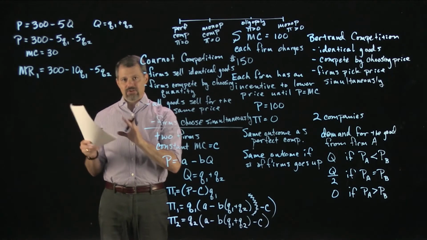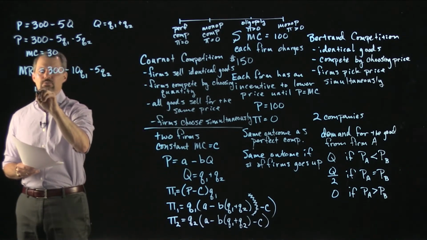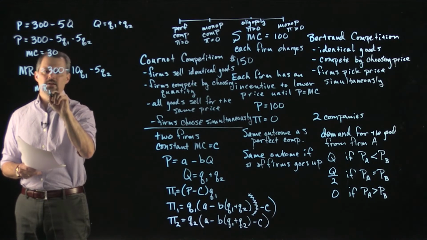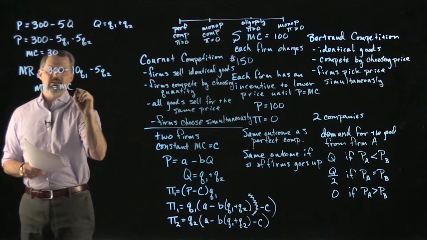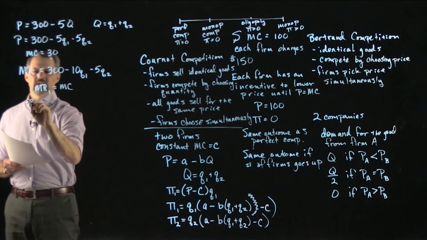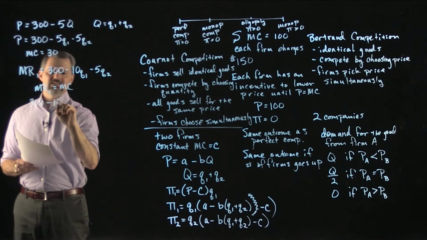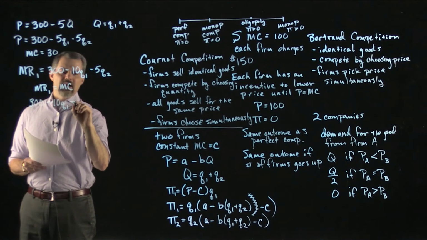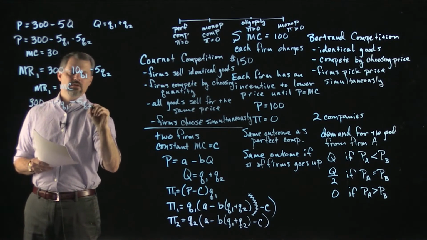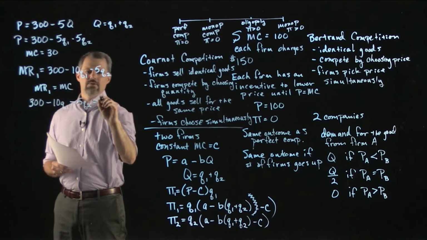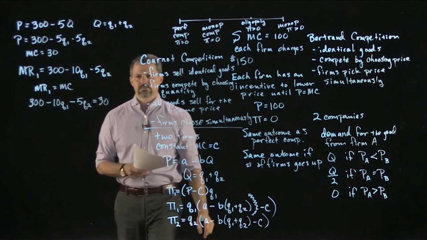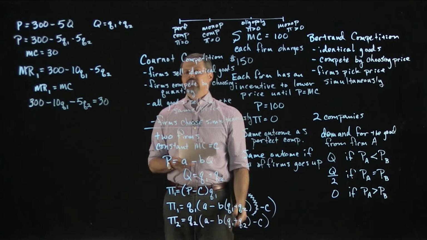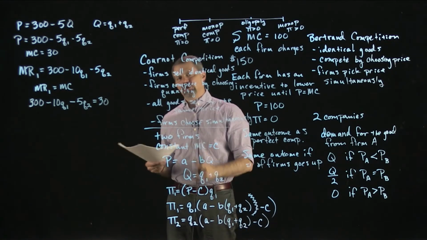Now, let's focus on firm 1. Let's set marginal revenue for firm 1 equal to its marginal cost. So we've got 300 minus 10Q1 minus 5Q2 equal to 30, its marginal cost. And now what we want to do is solve for Q1.